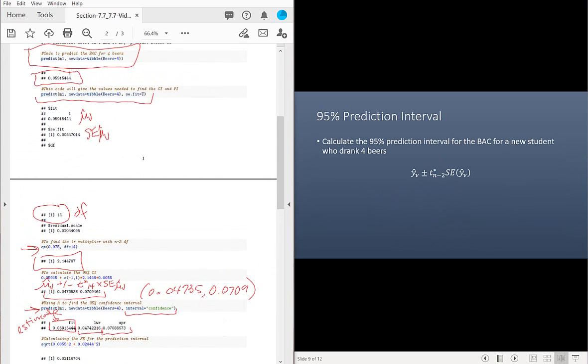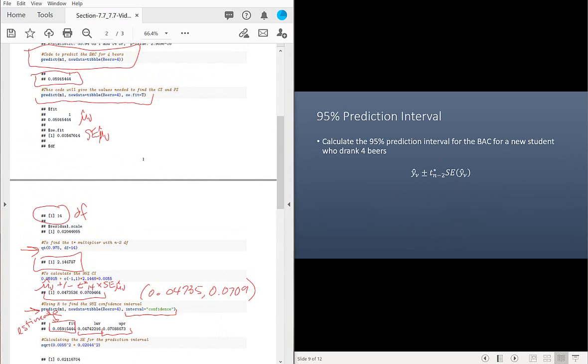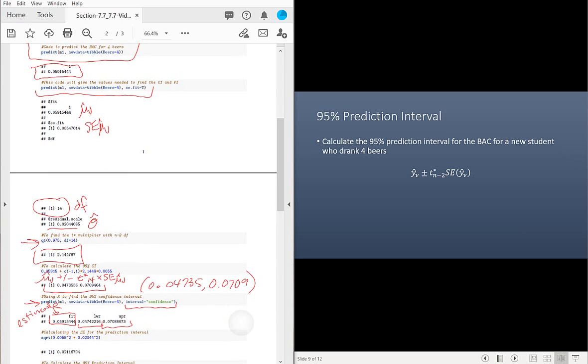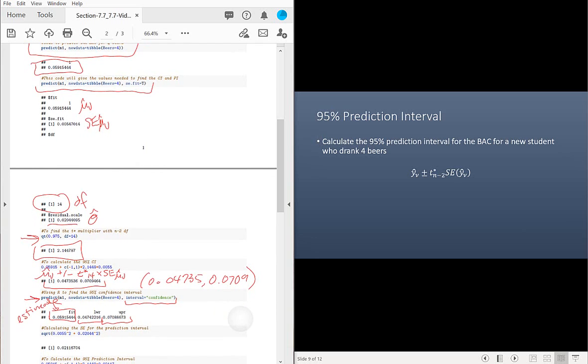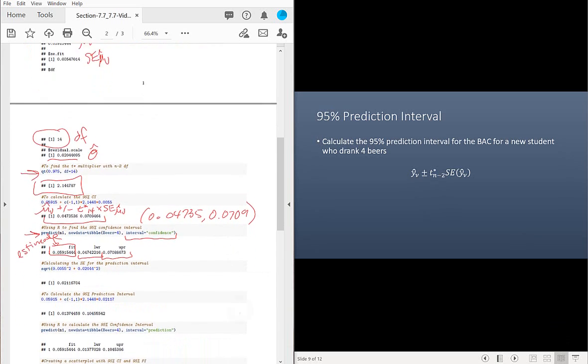We will again center the interval on the predicted value for the average blood alcohol content for a student who drank 4 beers, 0.05915. The t-star multiplier is the same, but we need to find the new standard error. From the output above, we find the standard error of mu nu hat and the value for sigma hat. To find the standard error, we would take the square root of the squared standard error of mu nu hat plus sigma hat squared.